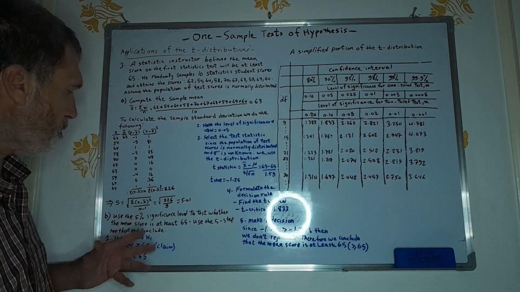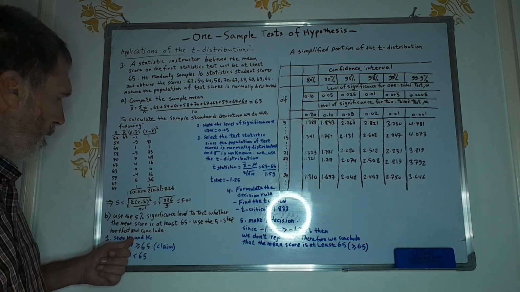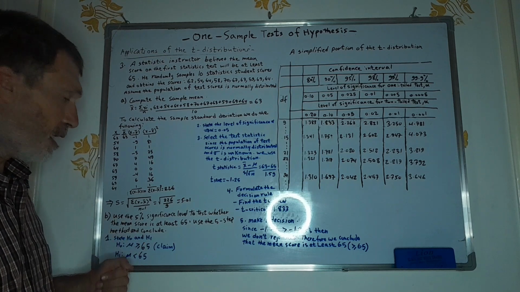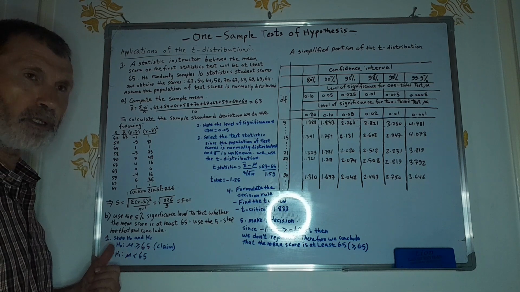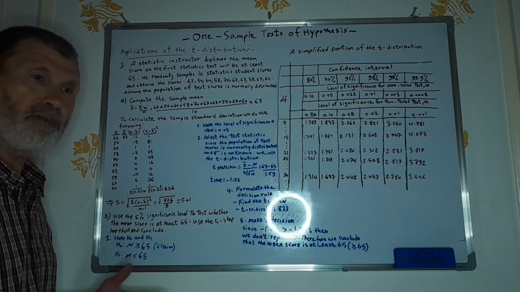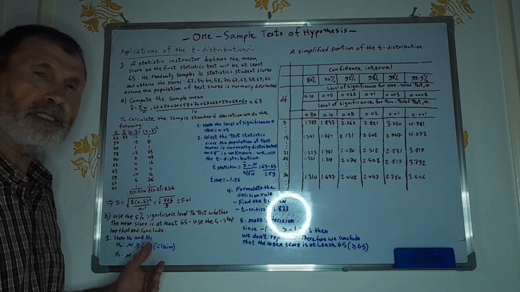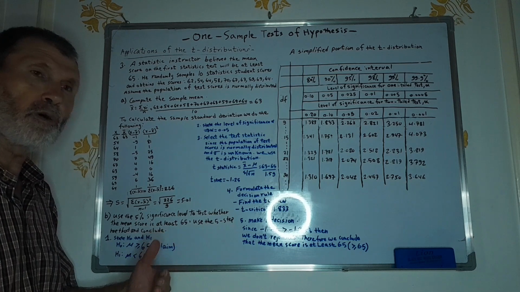Of course, we begin with the first step, state the null and alternative hypothesis. The claim can appear in the null hypothesis if it has a greater than or equal, or less than or equal sign.